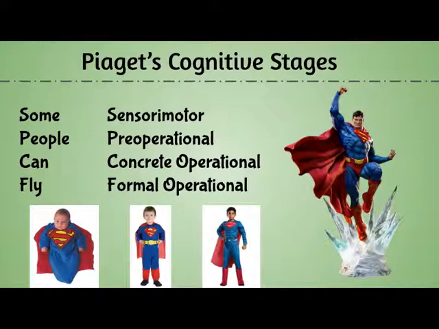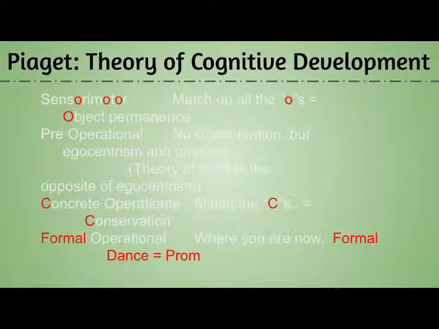Preoperational is that super cute 3, 4, 5 age, where we did the conservation tasks and they didn't have it. They poured the water and said the wrong one. The little girl counted the quarters, 1, 2, 3, 4, 5, and said this one has more because it's bigger.